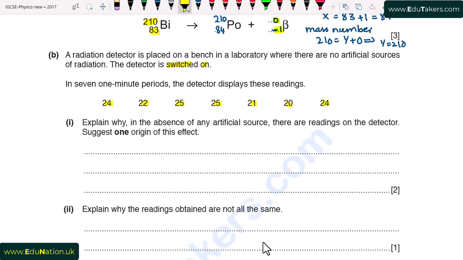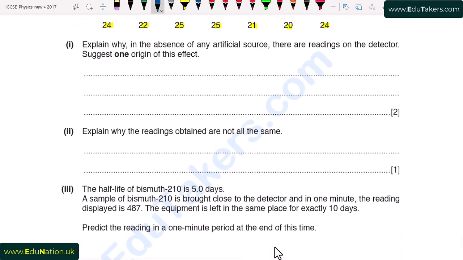So first of all, we don't have any radioactive sources or any artificial source. So why does this reading appear? We have to describe the origin of these readings. So this is basically due to the background radiation from the environment.